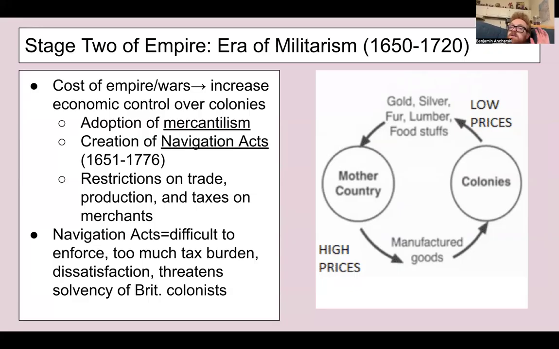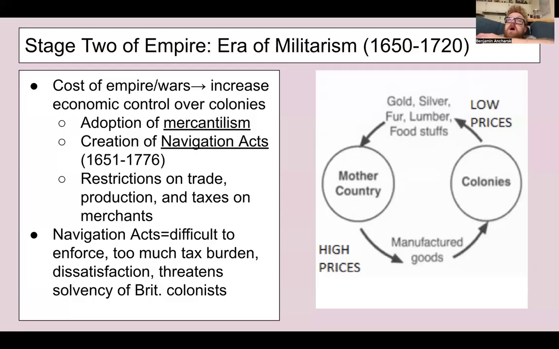You can either tax the people in England, or you can begin enforcing an economic system to maximize the profits of the colonies. This is where we see the adoption of what is called mercantilism. Mercantilism as an economic system is essentially laws and regulations that restrict who the colonies can trade with.